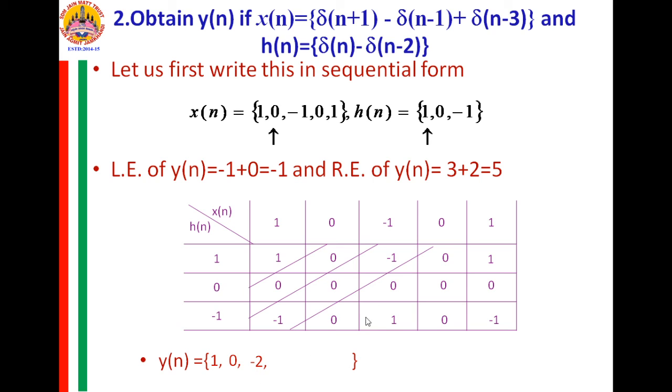So here minus 2. This is the next diagonal, all the diagonal elements are 0, so the next yn sample is 0. Next, 1 plus 1 is 2 plus 0, 2. So let us enter here. Next elements are 0, so 0, and the last one remaining is minus 1. So let us enter here.